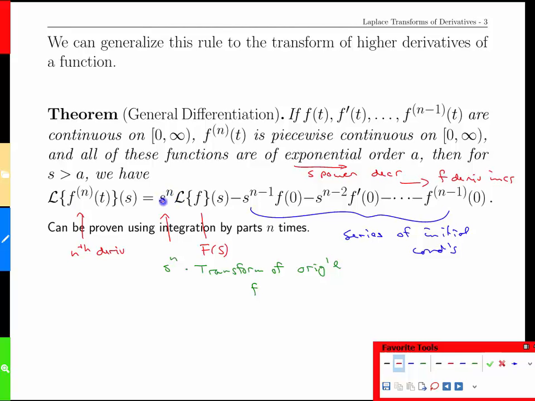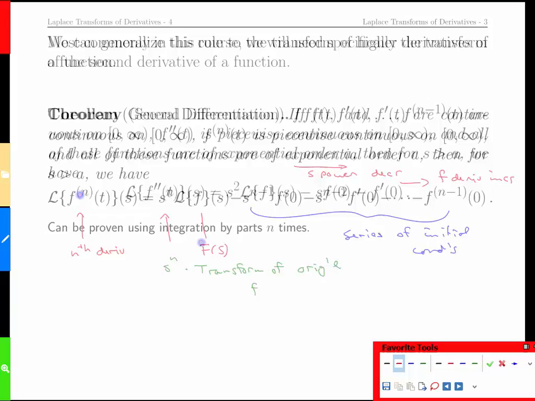So what we see is the first term, which has our transform of f, has the nth power of s, and then n minus 1, then n minus 2, until there are no more s's. Looking at the other factor in these initial conditions, we start off with the value of the function, then the derivative, then the second derivative, then the third and the fourth, and so on, until we get to the last derivative before the nth. And again, this is typical of the kinds of initial conditions we saw earlier in the course.